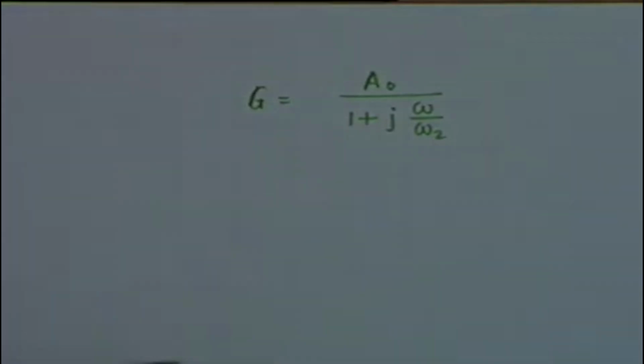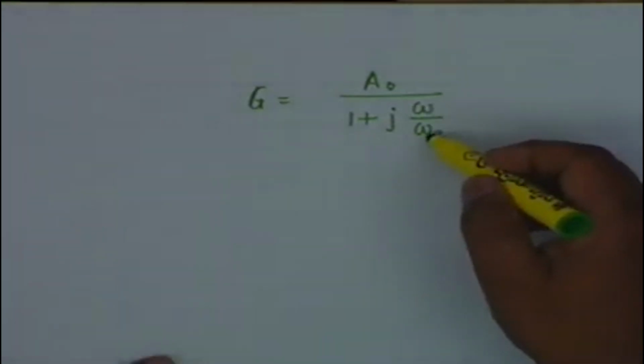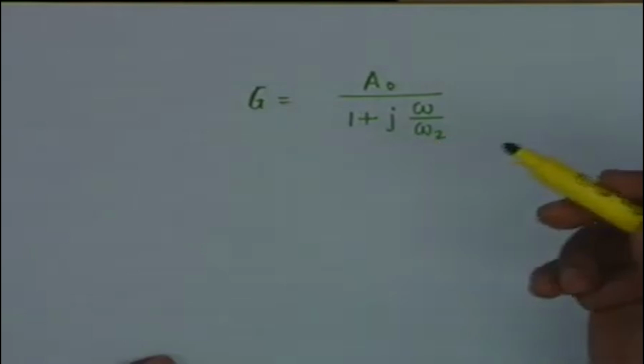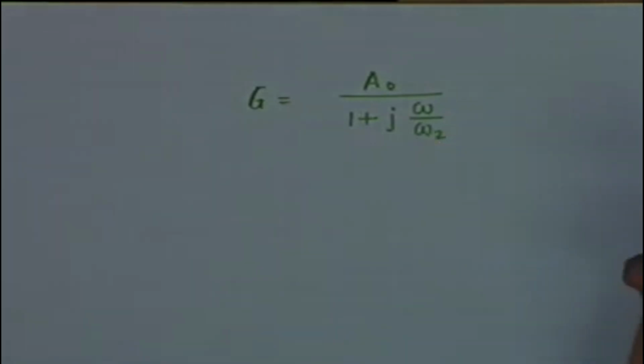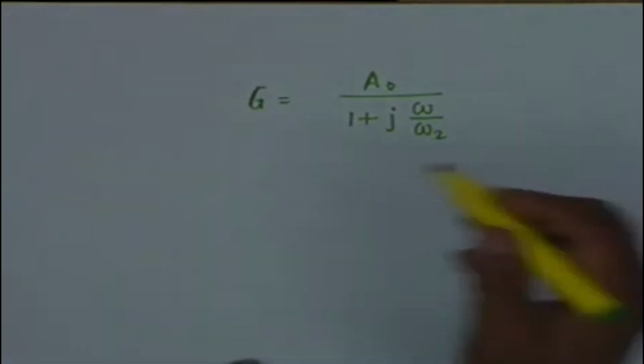Then what is omega 2? Omega 2 is the upper cutoff frequency. When omega is equal to omega 2, the gain becomes A0 divided by 1 plus j, and the magnitude becomes A0 divided by root 2. Therefore, omega 2 is the upper cutoff frequency.